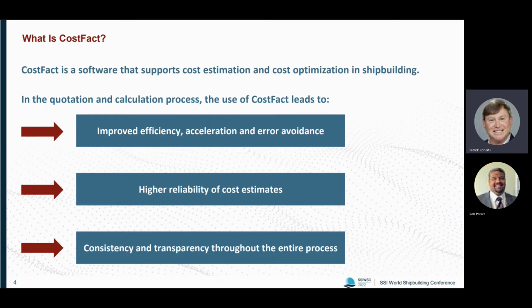The last advantage refers to the process of cost estimating: when we work with different versions of a project and reuse information from historical projects, we increase the transparency, so that we always have full information about the cost development and the sources we have been using for this estimate.